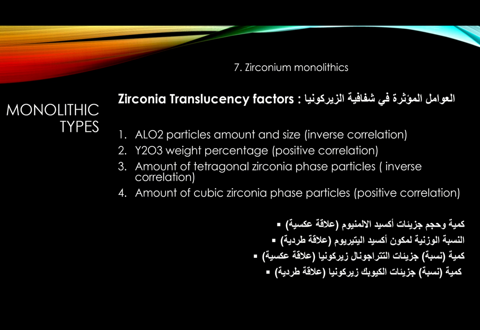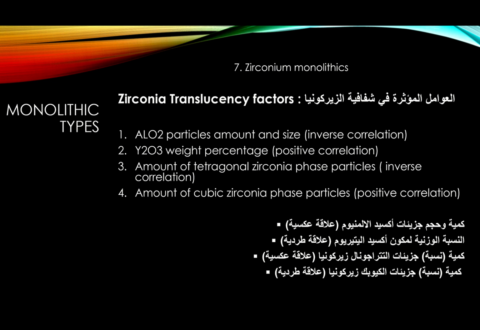As far as I studied and read throughout studies and scientific papers, and this is all that I can collect from different sources, I came up with this slide. Zirconia translucency factors, as far as I could gather, like I said, are 4. Aluminum oxide particle amount and size, inverse correlation.